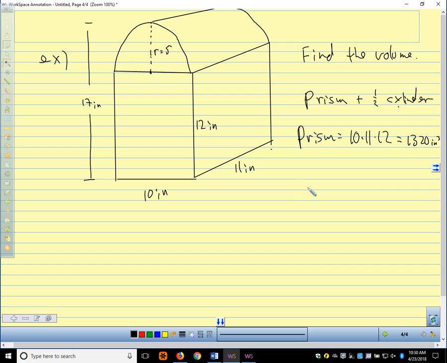And our half cylinder is 1/2 of pi times the radius, 5 squared, times the height of the half cylinder, 11.